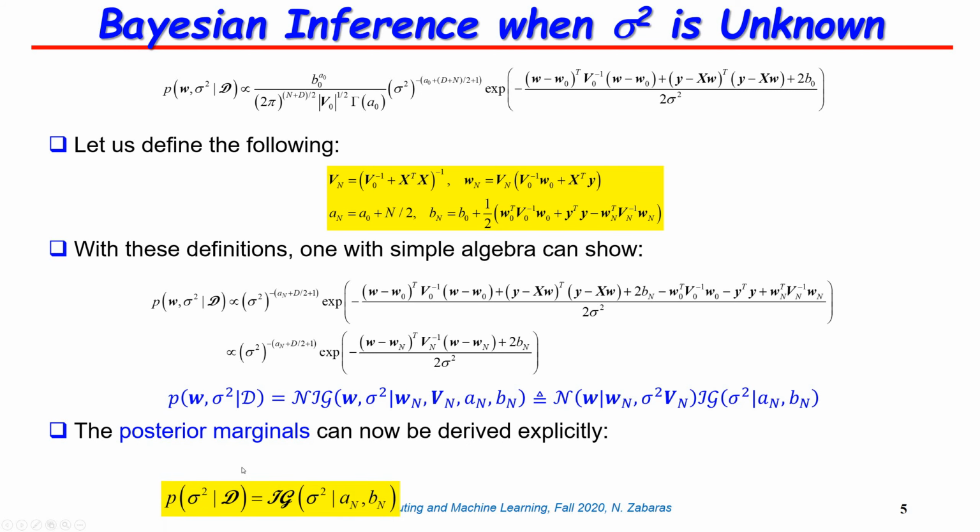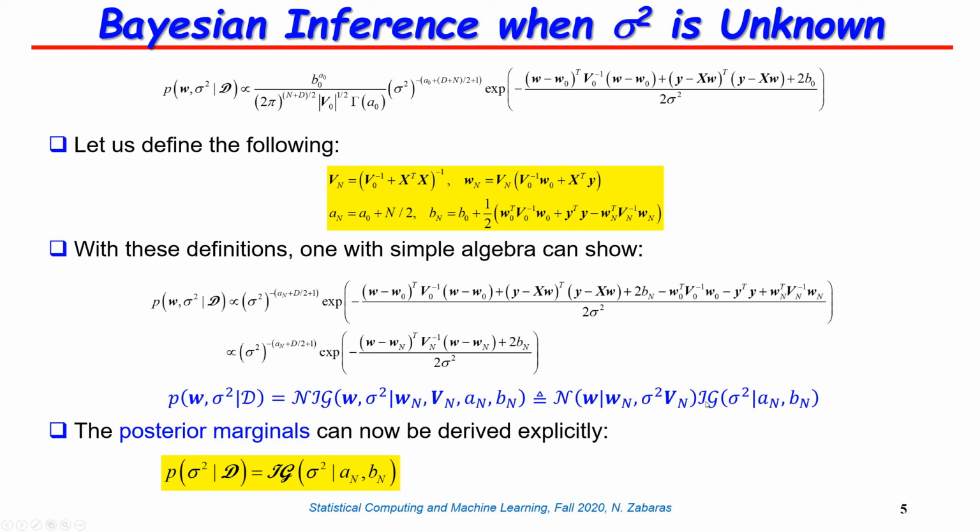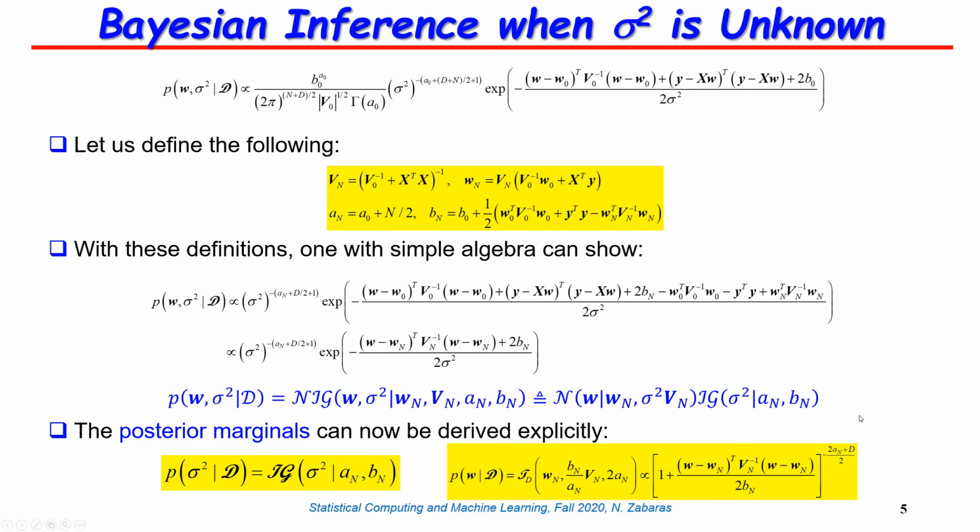So obviously, the marginal of sigma squared will be this inverse gamma distribution. But for W, if you try to produce the marginal, there is sigma squared coming here and there, so the algebra is a little bit more complicated.